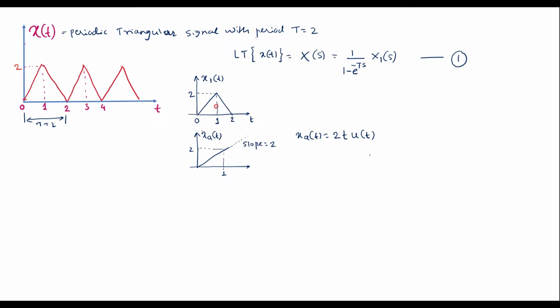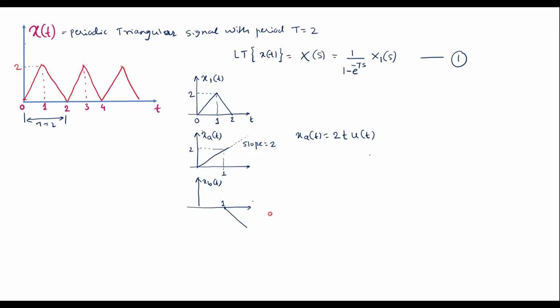Now here we can observe that at t equal to 1, the ramp signal has stopped and a negative ramp signal has started. So to stop this ramp signal at t equal to 1, we are supposed to add one more ramp signal at t equal to 1 to the xa of t. Let this be xb of t. It is another ramp signal at t equal to 1, which is a negative ramp signal.